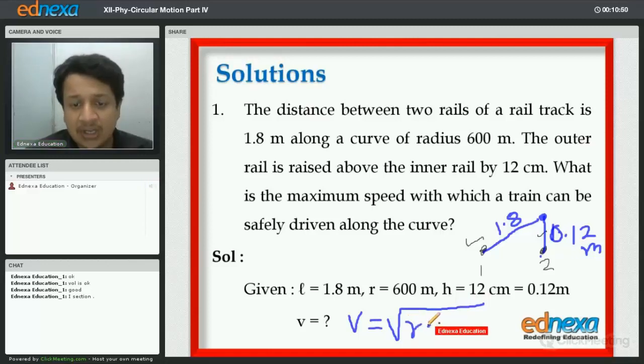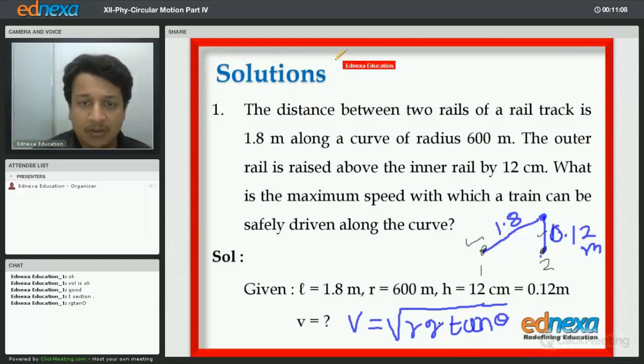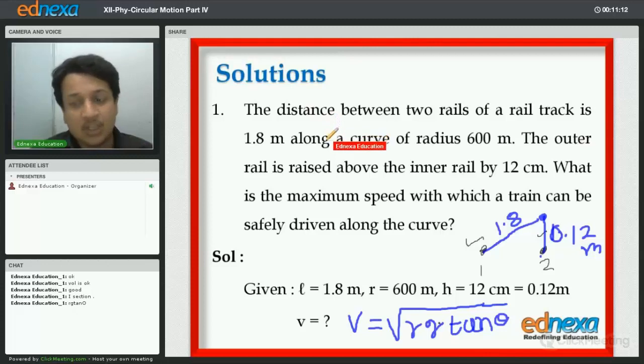So by using this formula, R G tan theta, we can find the maximum velocity. But the question here is how to find theta, as it is not given.